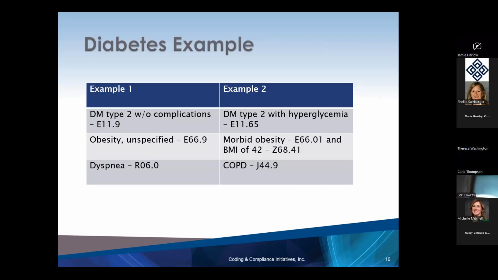So that means you as a provider have to document that complication. I am finding when I do chart audits and when I shadow providers, somewhere along the line, they've gotten this misnomer that they should just report E11.69, and that's going to take care of all the complications the patient has. That is not an accurate statement. If there is a more specific diagnosis, diabetes with circulatory complications, diabetes with neuropathy, we should be reporting that code.